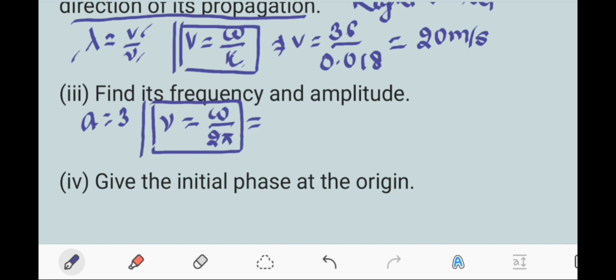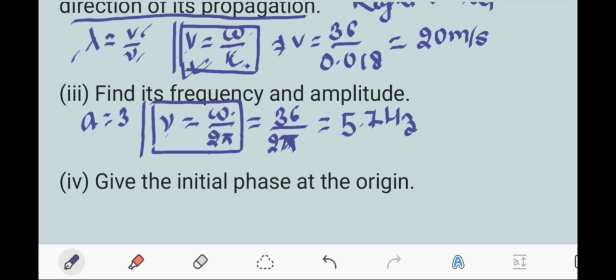We will be solving many questions related to omega, k, velocity, omega, 2 pi, frequency. Now omega value is of course 36, we have already found it, divided by 2 multiplied by pi. 2 pi is equal to 360, we don't need to write it, just write it over here, and when we solve it, we get the value somewhere around 5.7 hertz.